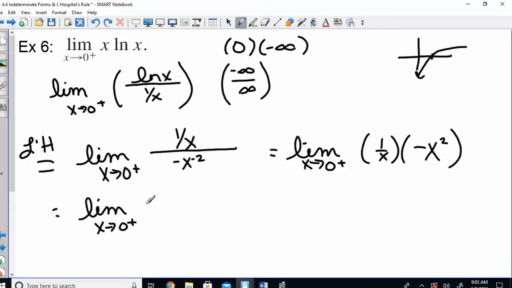If you multiply those, one of your x's cancel, and we just get a negative x. Can I plug in at this point then? Absolutely, and my answer is 0. Did I lose anybody on that algebra? I didn't necessarily show all my steps, but I can show more.